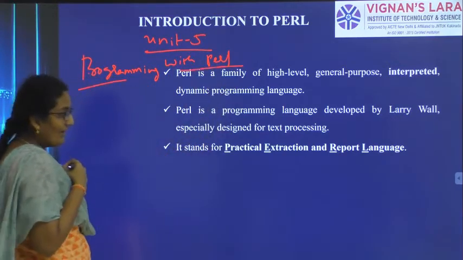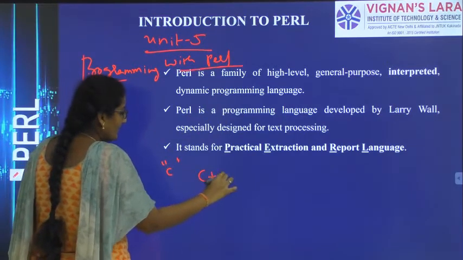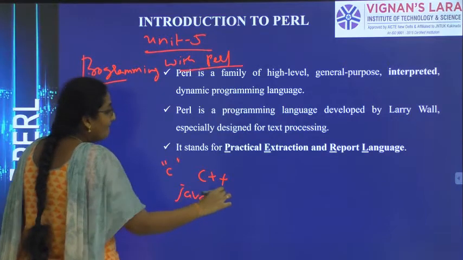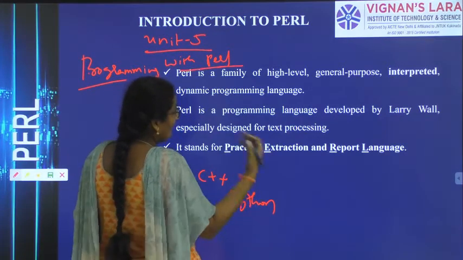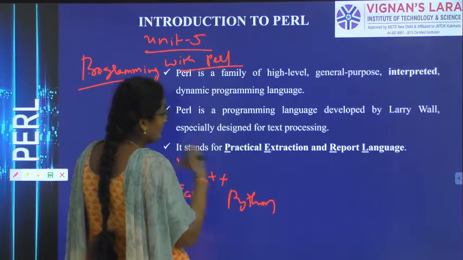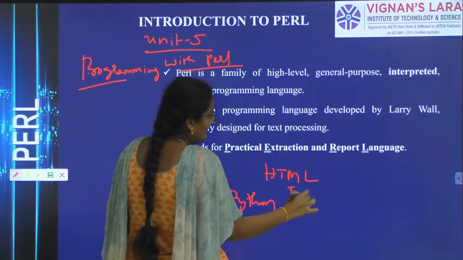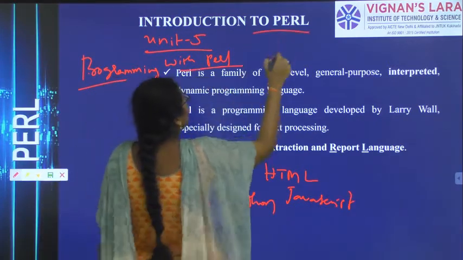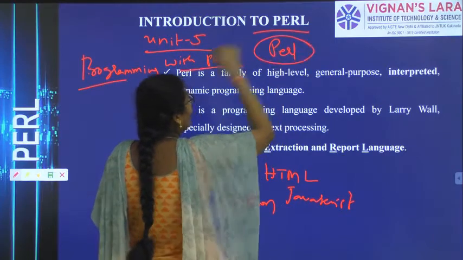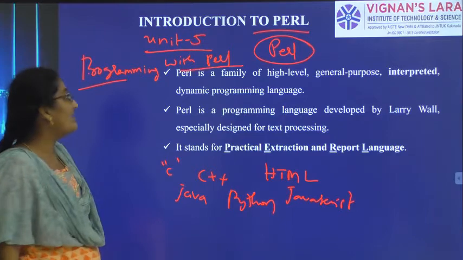Till now we have seen many programming languages like C programming, C++, Java, Python, and you have known some other languages also like HTML, JavaScript. Now this Parallel is also a kind of programming language. About the Parallel we are going to discuss in Unit 5.